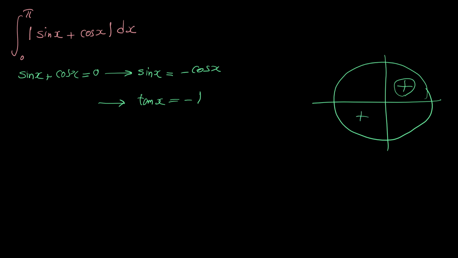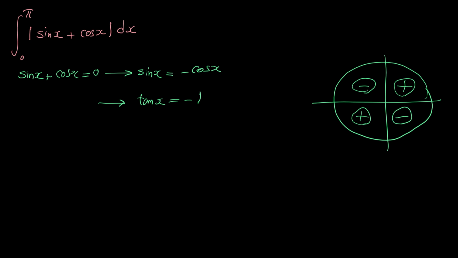In the third quadrant also, tangent is positive. And in the second and the fourth quadrant, the tangent is negative. So we have to look for an angle in the fourth quadrant or second quadrant.